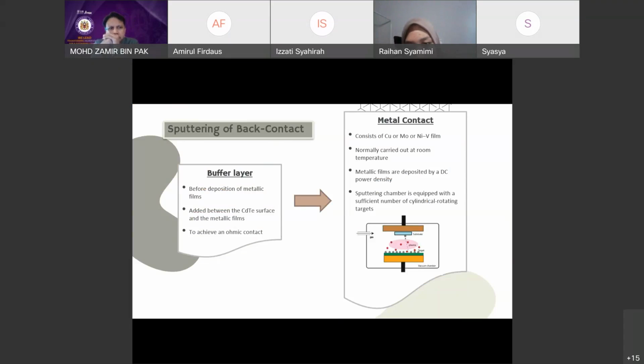This deposition is normally carried out at room temperature, and both the buffer layer and metal contact are deposited using a direct current sputtering technique. The sputtering chamber is equipped with a sufficient number of cylindrical rotating targets to perform the film deposition in the requested cycle time.